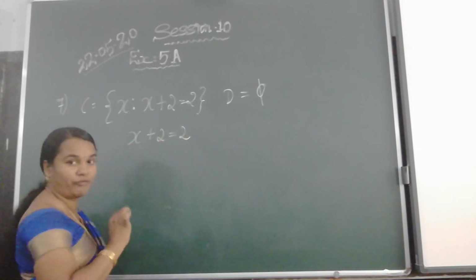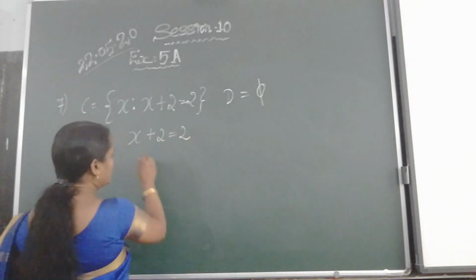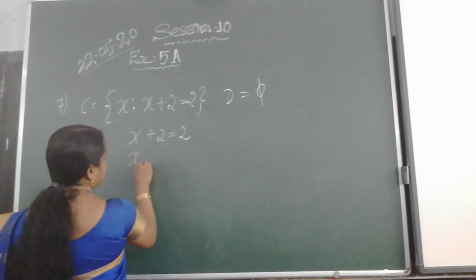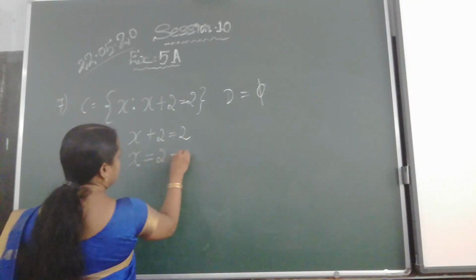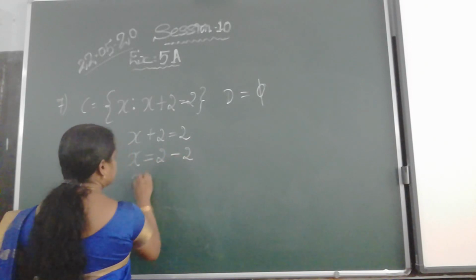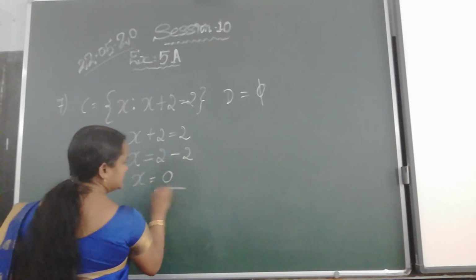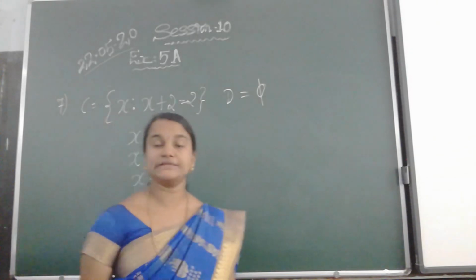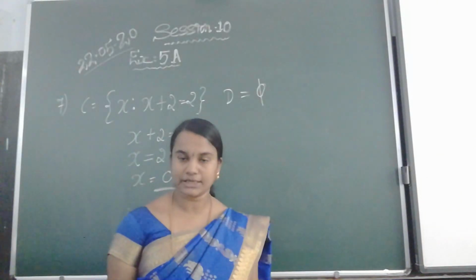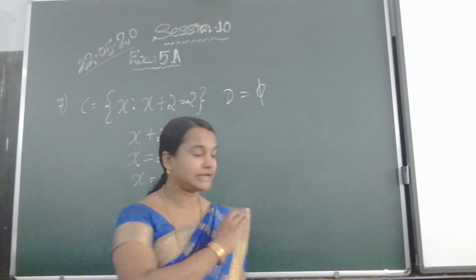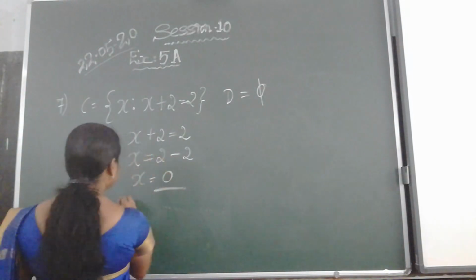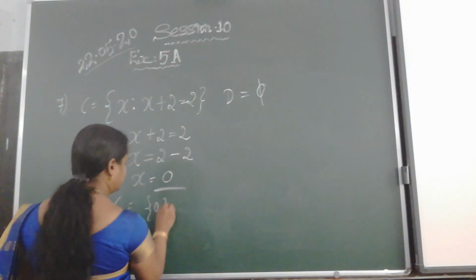Now the equation we are taking here for C: x plus 2 equals 2. When the term goes from group 1 to group 2, it will be minus. x equals 2 minus 2, means x equals 0. We are getting 1 element, 0. That is a whole number, isn't it? In C we are getting 1 element.